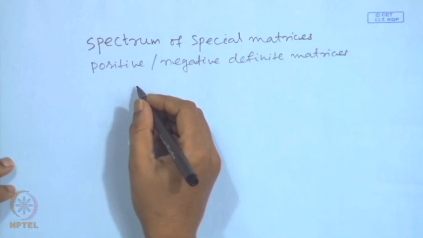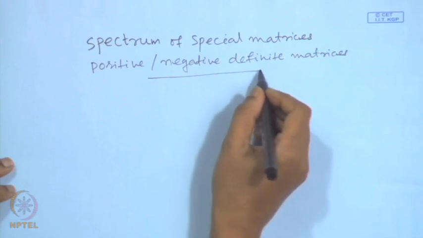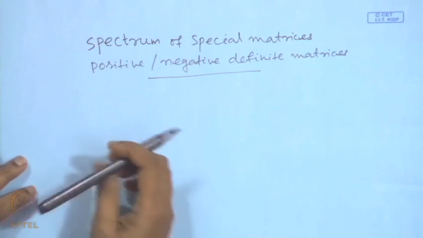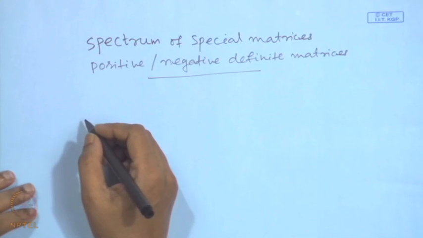So, here we shall discuss the spectrum of some spatial matrices. Spectrum of a matrix means the set of all eigenvalues of the matrix.